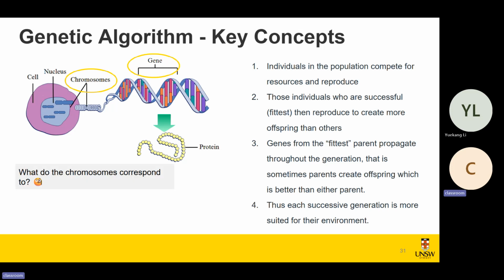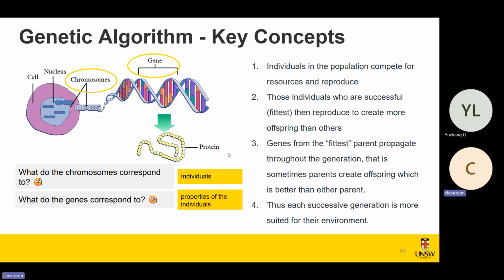So the question here is, what do chromosomes correspond to according to the description here? Actually, I just mentioned the answer. Chromosomes are like the individuals here, right? So what are the genes here? Genes are the properties or characteristics of the individuals.